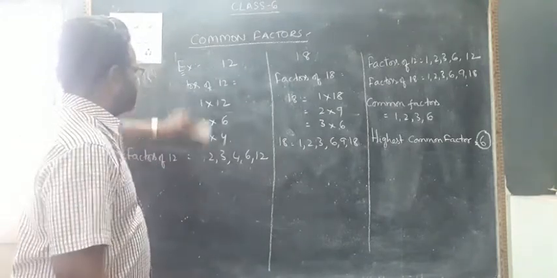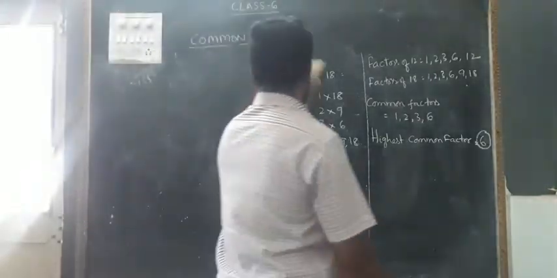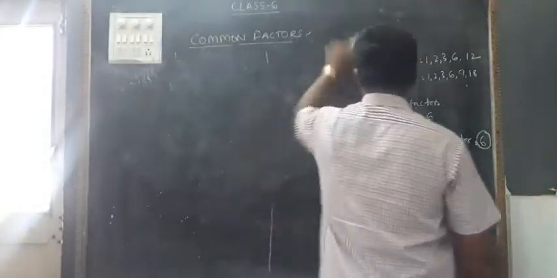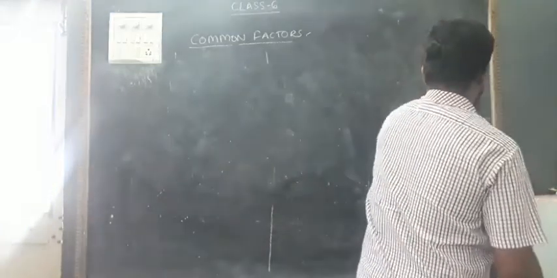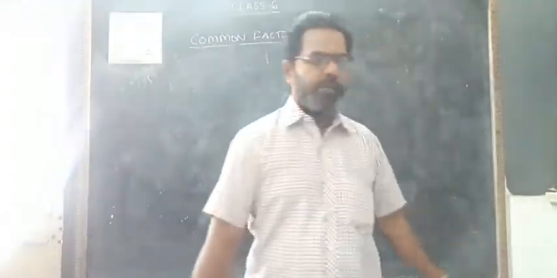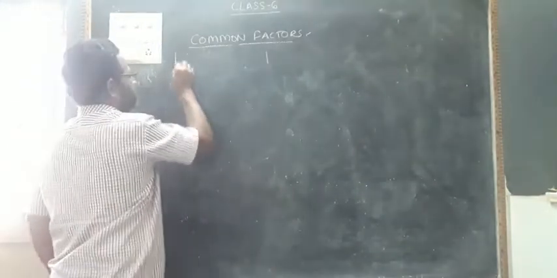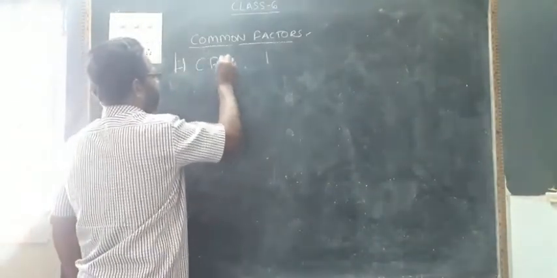In this prime factorization method, only prime numbers are the factors we find. We multiply the factors and finally find the common factors. After finding the common factors, we have to find the highest common factor, which we call HCF.